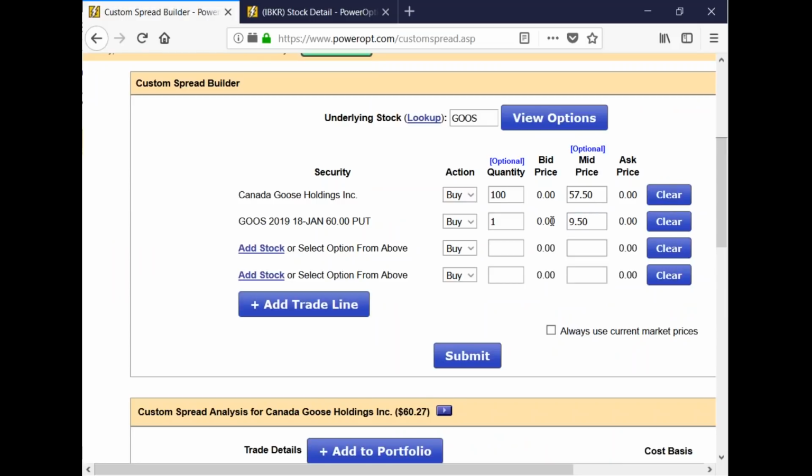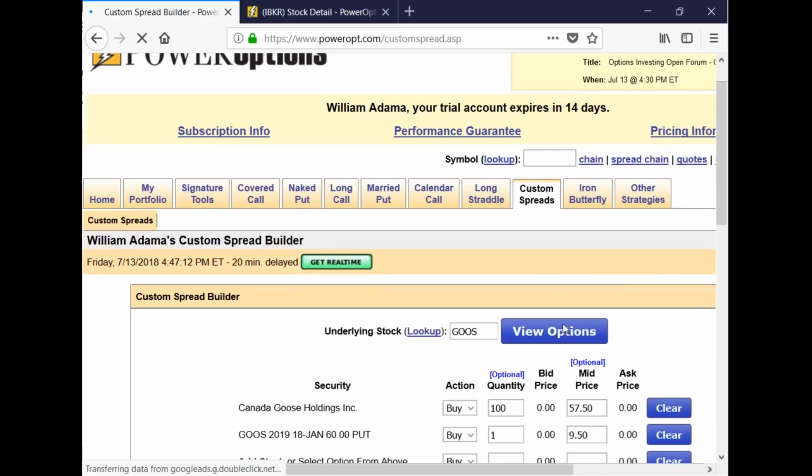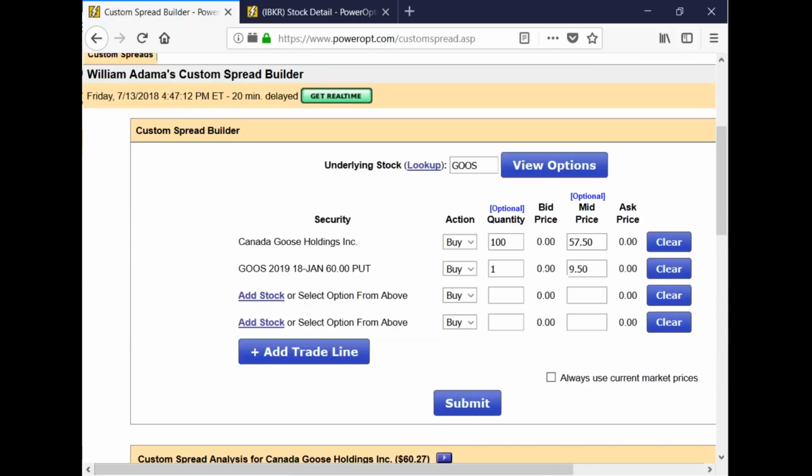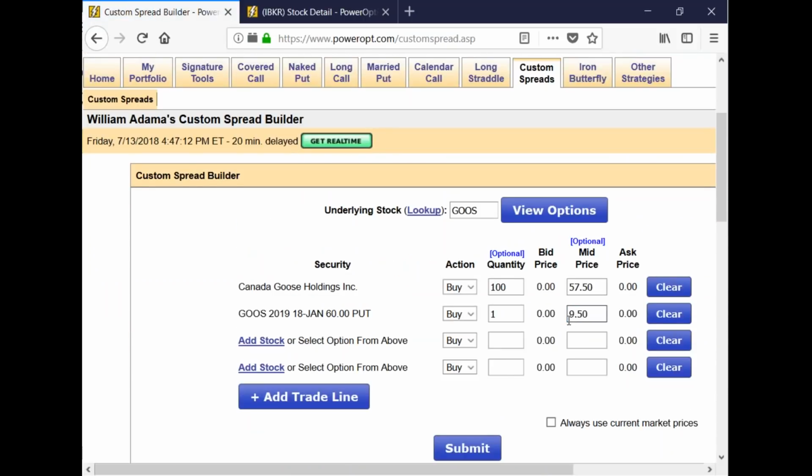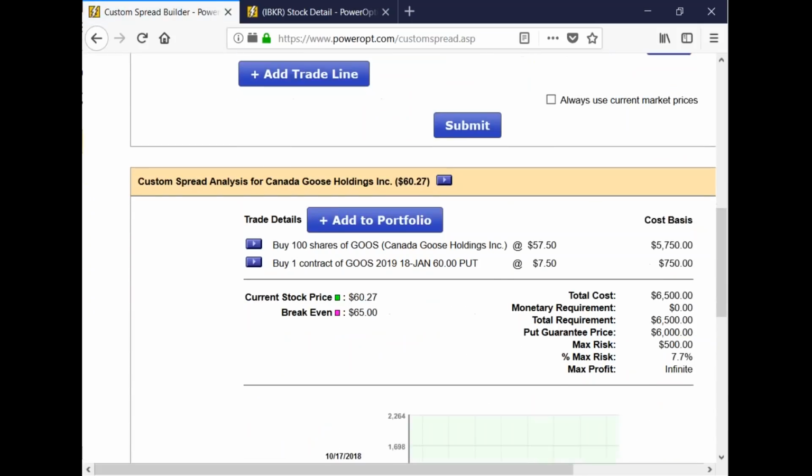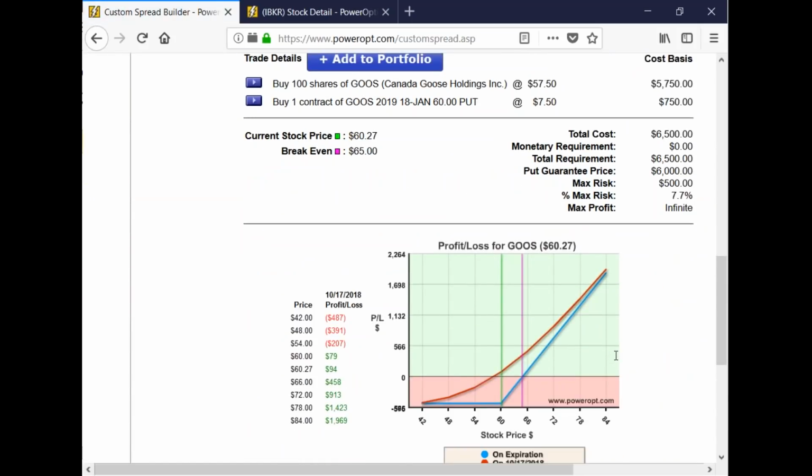Let's try 950. I know these are not the right prices, but that would have been for the 65. So we've got to drop this down to, let's try 750. Better, much better. Original married put, 7.7% at risk.